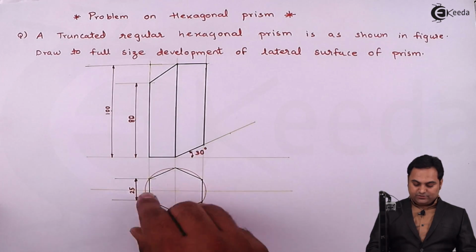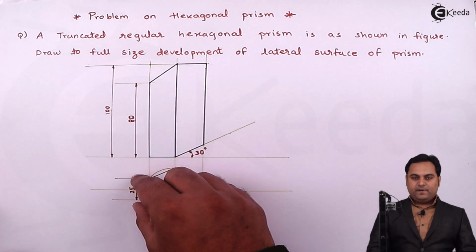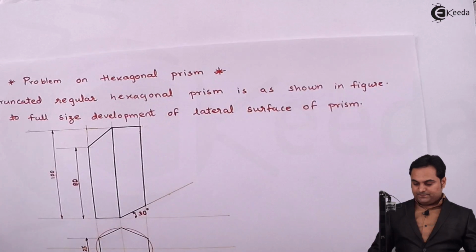Here the hexagon is of the size 25 mm. So first I'll start with this.